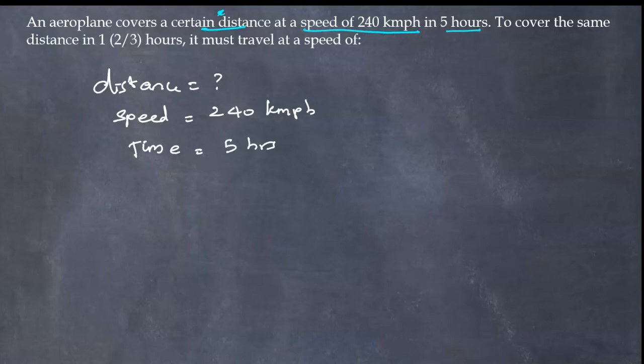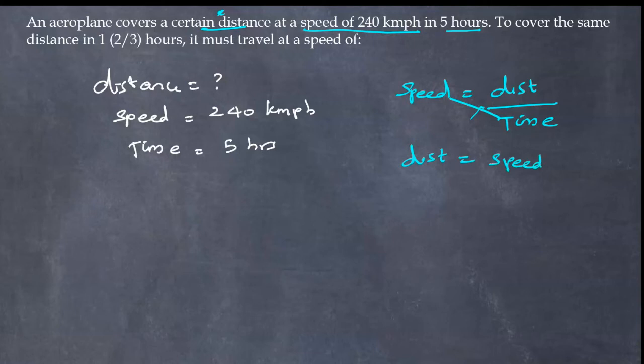So the formula we know is speed equals distance by time. From this, distance equals speed into time. Now substitute the values to find the distance.